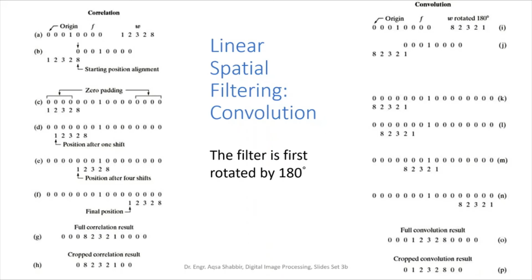The full convolution result is presented in part O, and the cropped convolution result is presented in part P. It is noteworthy that the result of the convolution is the same as the filter mask W. It is noteworthy that when the filter mask W is convolved with a discrete unit impulse, in the output we obtain the filter mask W as it is.